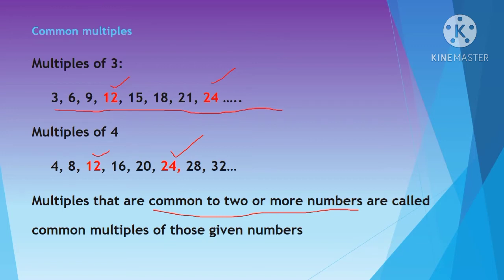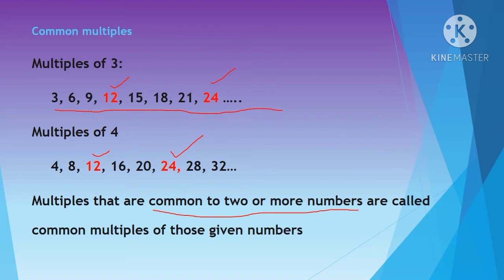Here 4 3s are 12. You have here 1 4 is 4, 2 4s are 8, 3 4s are 12. Here 4 3s are 12 and here 3 4s are 12. So you have 12 common, right? Next check it out. You have 24 common. Like this you find out the common multiples.